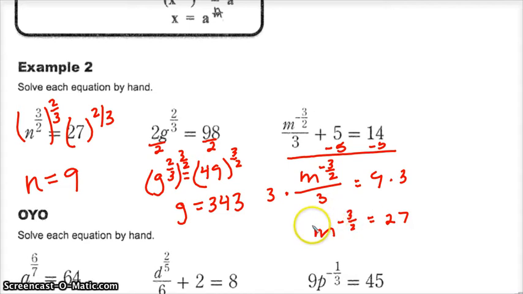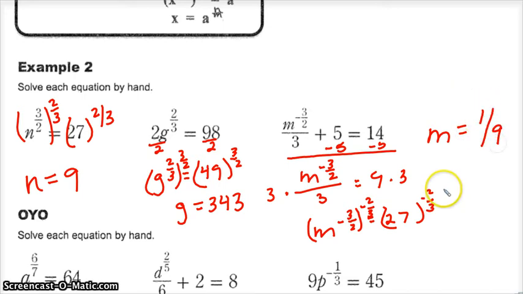Now to undo this exponent, I need to raise it to the negative 2/3 power. My final answer then should be m equals 1/9. Remembering that when I raise something to the negative power, that answer goes in the denominator.